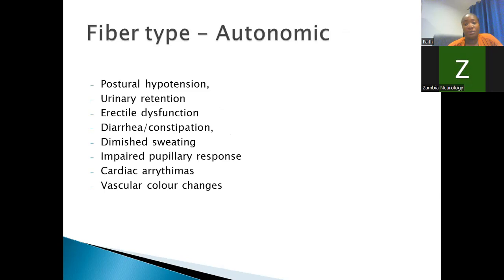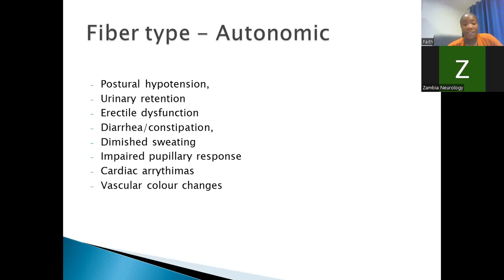And then when it comes to the autonomic nerves, which are the smallest type of nerves in the peripheral system, there are some features that can lead one to suspect that this could be a peripheral neuropathy of the autonomic type. These are some of the symptoms the patient can experience. You can have postural hypotension, urinary retention, erectile dysfunction.